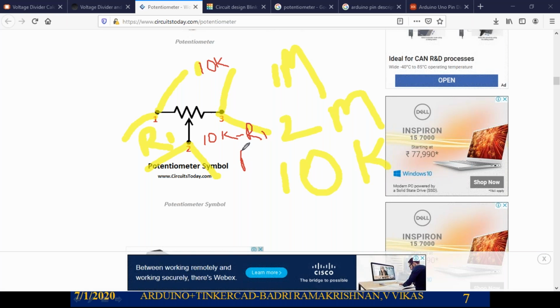Or if I consider this resistance as R2, here you are going to have 10k minus R2. Did you understand what is potentiometer?